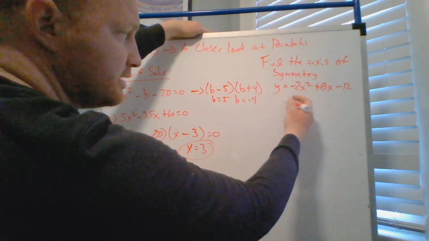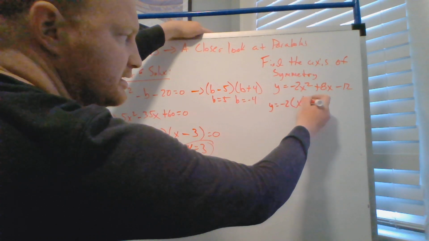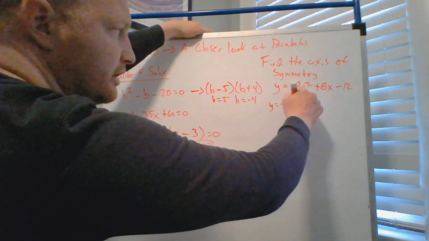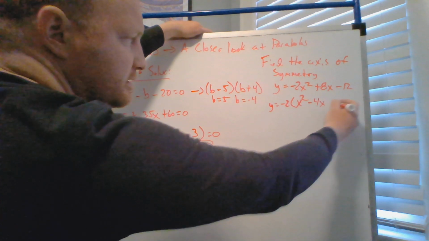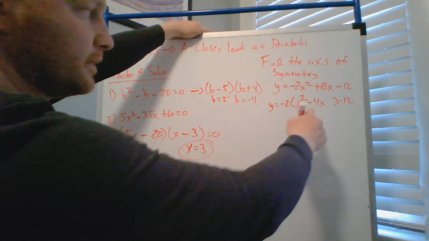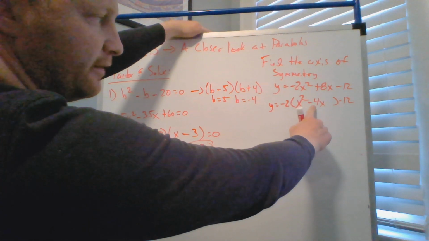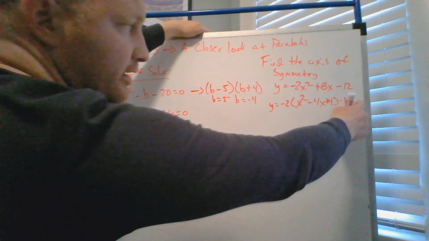So I do this. I got y equals -2 on the outside. This is x squared, and I do 8 divided by -2, and I get -4x. And then I got -12 right there, okay? I take half of this, -2, I square it, I get +4. Now remember, I don't take out a -4 right here.